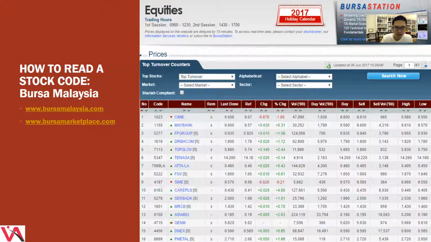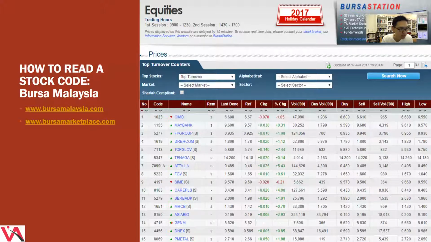The next column is last done, which is the last done price of that security, and you have a reference price, which is the last closing price from yesterday. You will see again the changes of how much it changed today, and the change in percentage, and the volume that has traded for that day similarly. Buy volume is how much people are bidding for it right now, at what price.